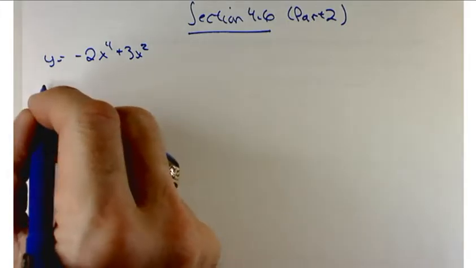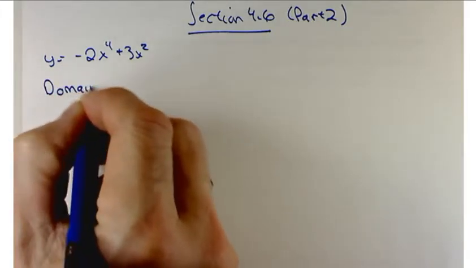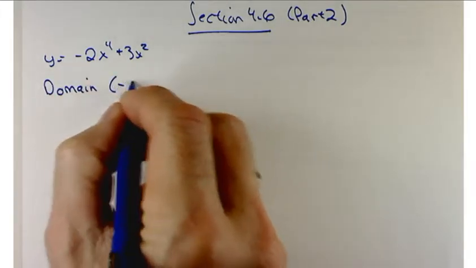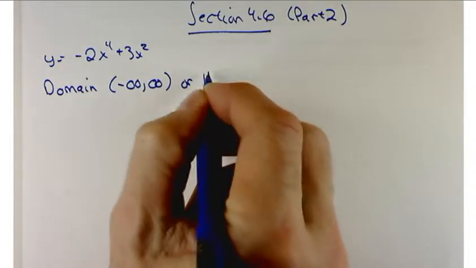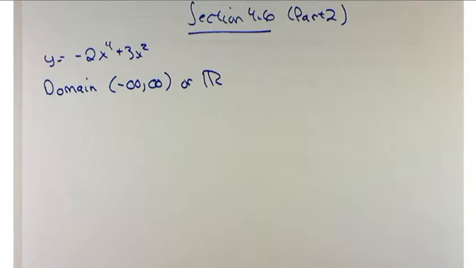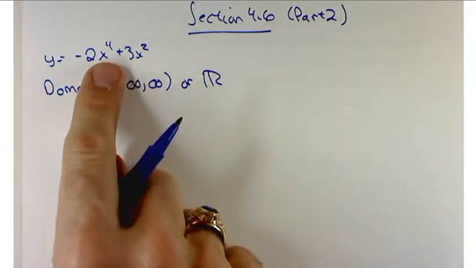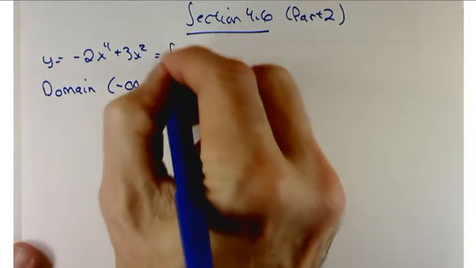First things first, what's the domain of this function? Yeah, all reals. So negative infinity to infinity. Now, there is a little bonus that you could spot here if you were really on the ball.